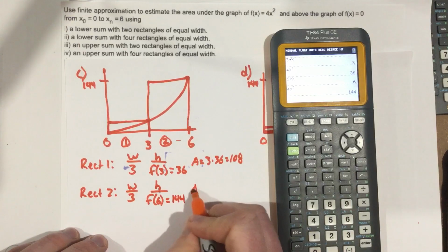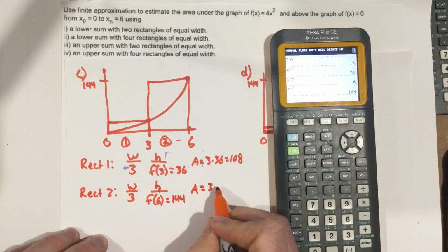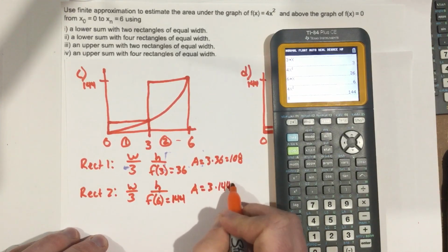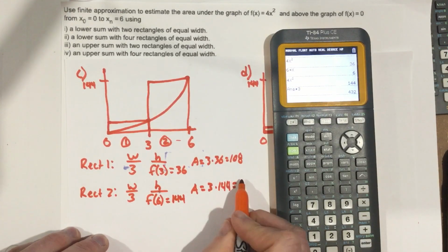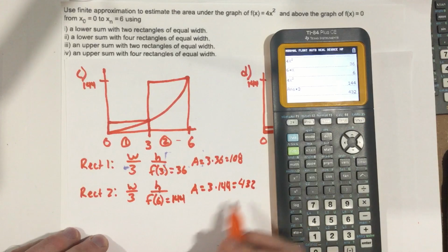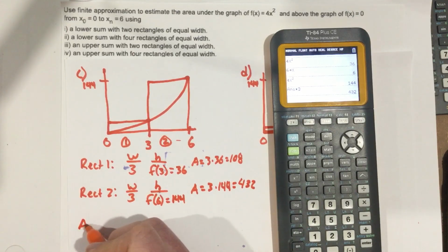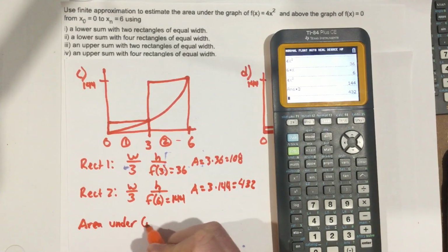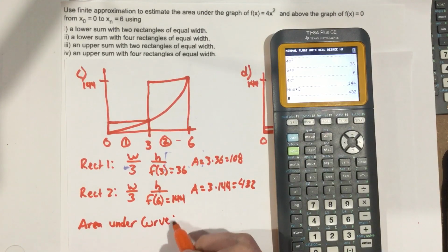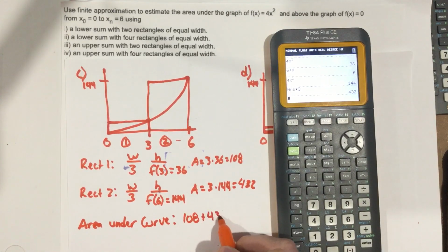So the area is 3 times 144, which is 432. So now my area under the curve is estimated at 108 plus 432, which is 540.